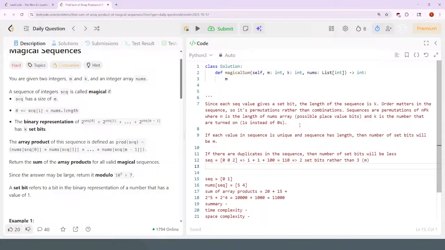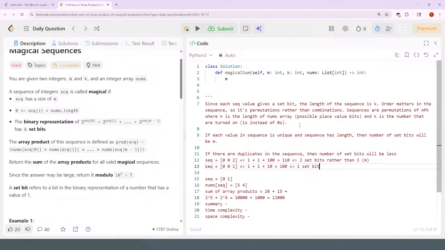And in the extreme case, if you have something like sequence 0, 0, 1, then you're adding 1 plus 1 plus 10, which just gives you 100, which is 1 set bit. Because the 1 and 1 combine to 2, and then 2 plus 2 combine to 4.